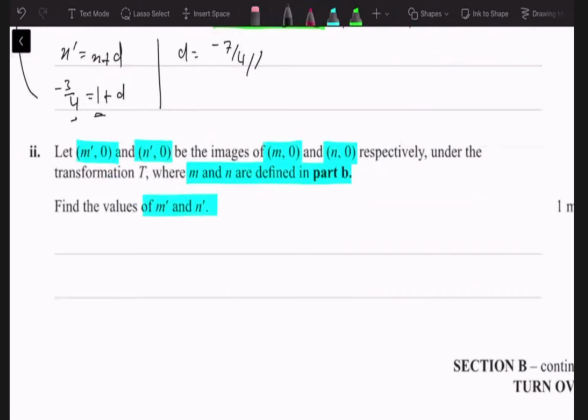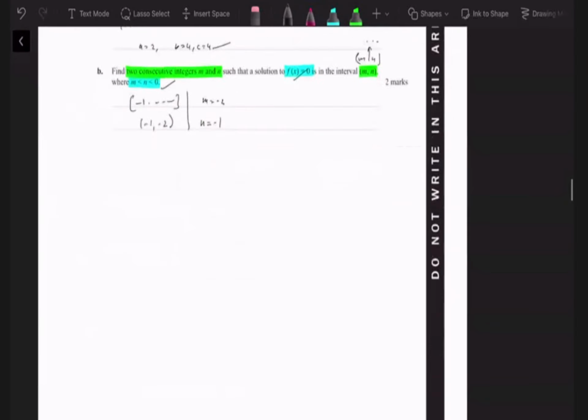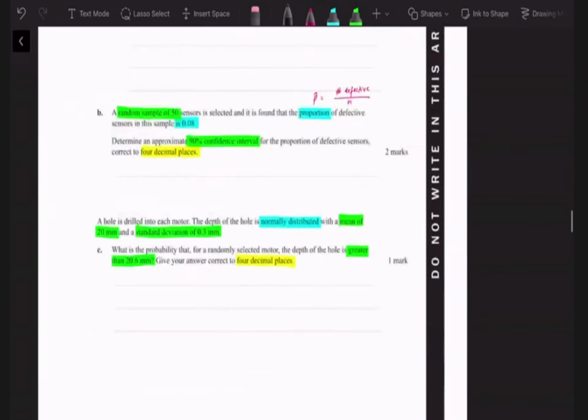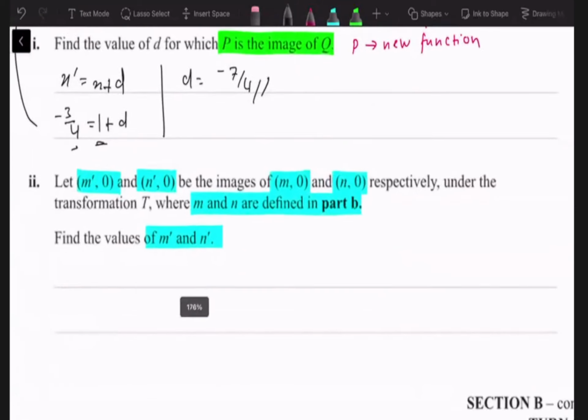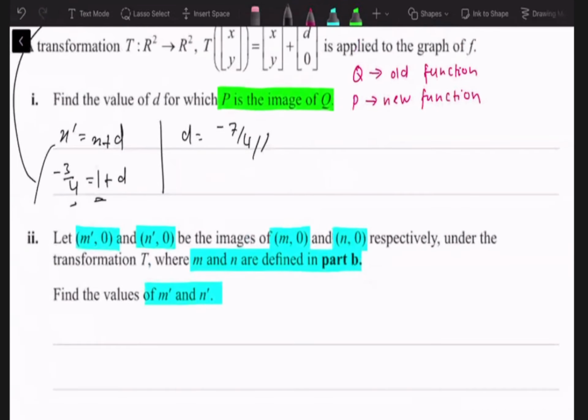Now we're looking at the points M and N. If we go back to our first question, M and N are -2 and -1. Again using this equation, but this time we know d, so x' is x - 7/4.